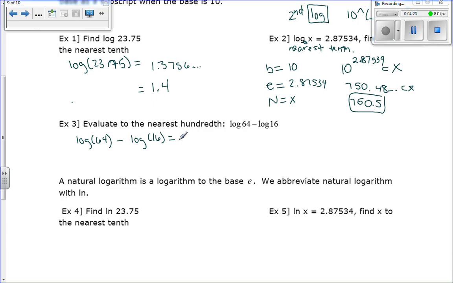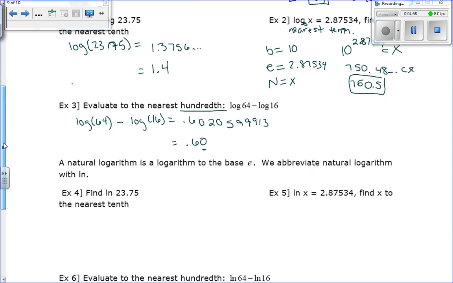And when I do that, I will get 0.60305999113. The nearest hundredth, 2 decimal places, is 0.60. And yes, I need to have that 0 there because it's at the hundredths place. Even though it's 0, I still have to have my 2 decimal places.